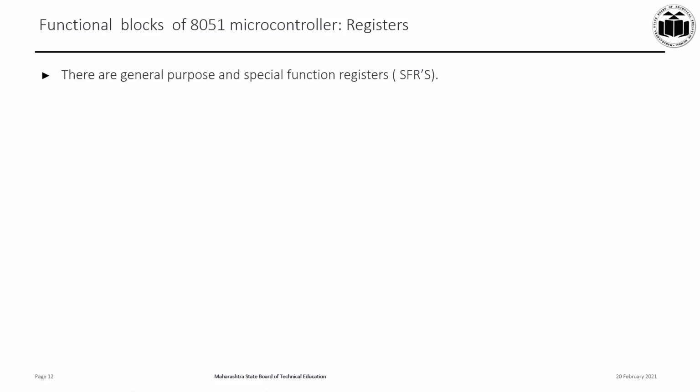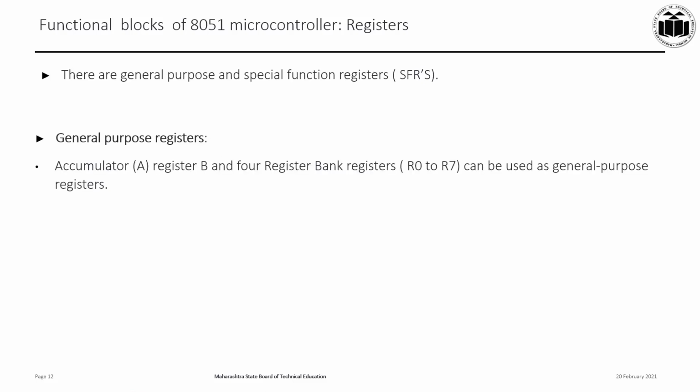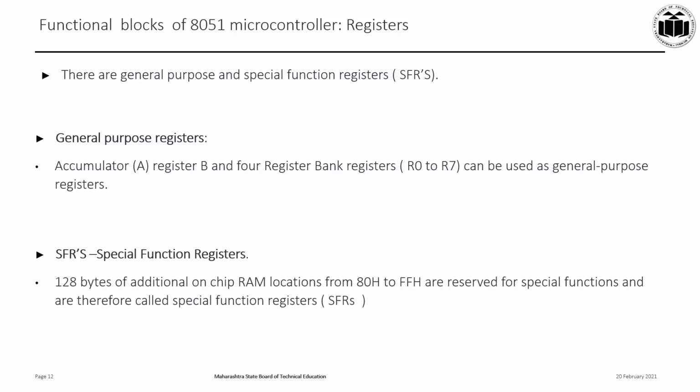Registers. There are general purpose and special function registers. The general purpose registers are the accumulator, the register B, and the 4 register bank registers which are from R0 to R7. They can all be used for general purpose. Special function registers. 128 bytes of additional on-chip RAM locations from 80 hex to FF hex are reserved for special functions, and therefore they are called as the special function registers.